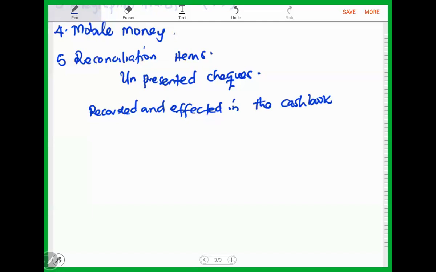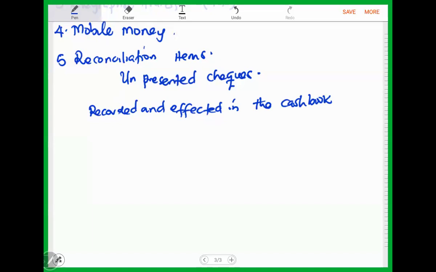Now, what happens here? In this case, you're paying out money to, say, your suppliers. And the moment you hand out a check to them, you go ahead and record in your cash book that money has been paid out to the suppliers.